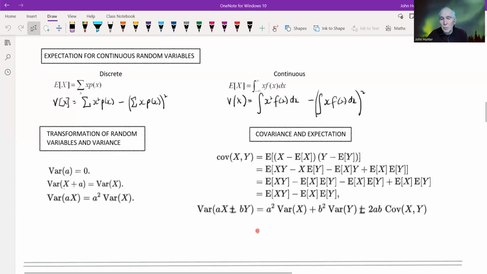You will be interested in whether it's continuous or discrete, but mass or density is a bit of terminology, really. Okay, hopefully that has been useful, and we'll get into the details of probability functions in the next video. So I will see you then.